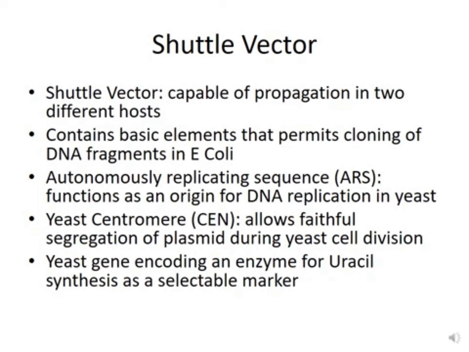And the last gene that is present on a shuttle vector is the yeast gene encoding an enzyme for uracil synthesis. This is also a selection marker, similar to the ampicillin resistance marker that we have previously described.